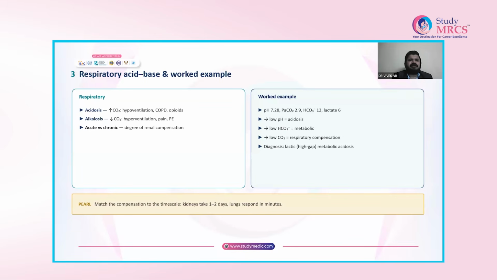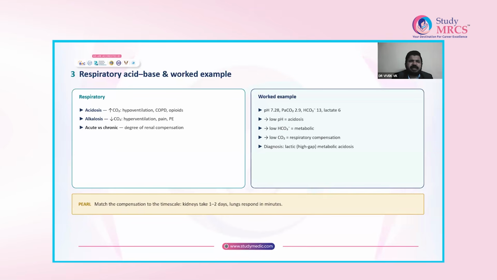Suppose a patient is hyperventilating. Hyperventilating means the ventilation is increased. That can cause carbon dioxide washout. Or if the patient is having excessive pain or pulmonary embolism, these can all cause alkalosis. And hypoventilation, COPD patients and excessive opioid intake can cause acidosis.